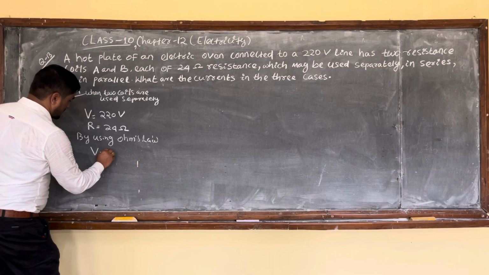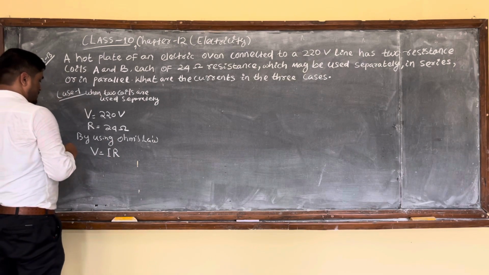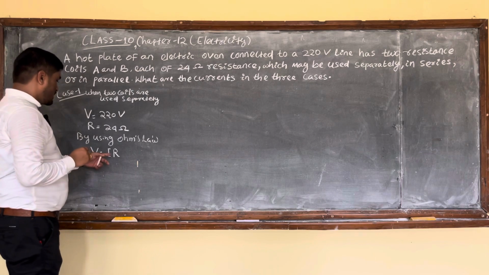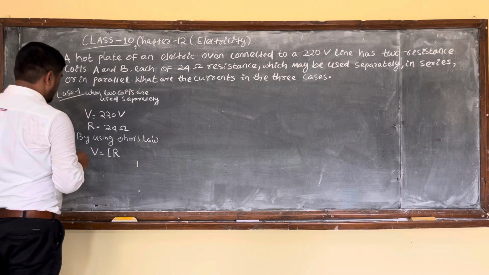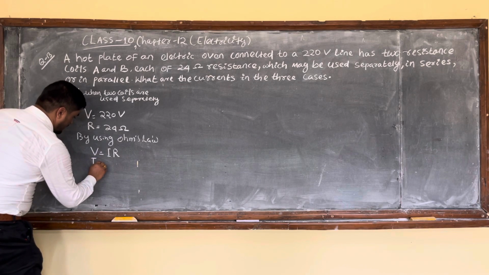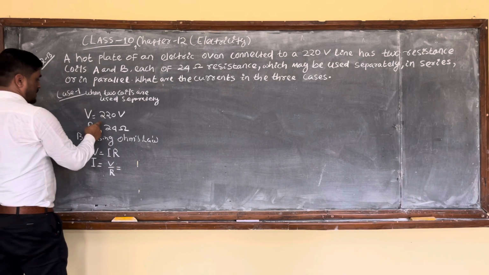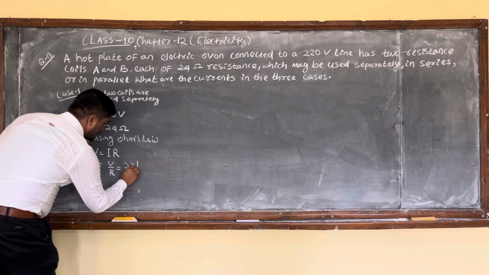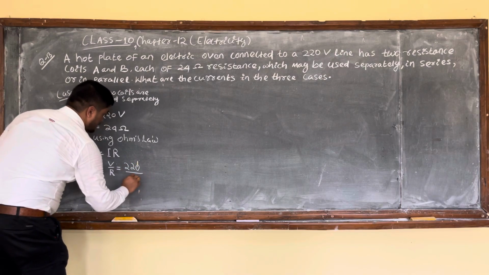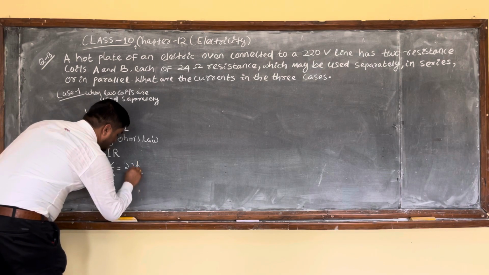By Ohm's law, V equals IR, potential difference equals current into the resistance. So here you have to find out the current. So current I will be V divided by R, and V, the potential difference, is given 220 and the resistance is given 24.